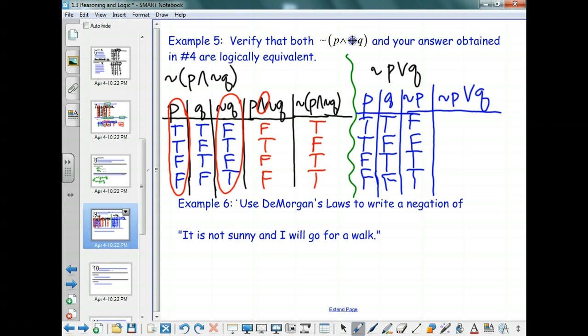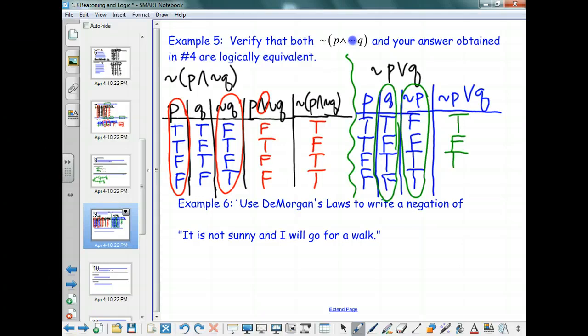We're almost done. We're supposed to consider tilde P and Q with the or statement. True or false is true. False or false is false. True or true is true.